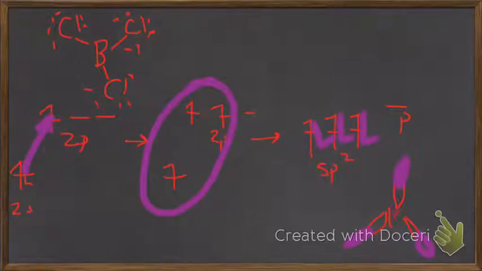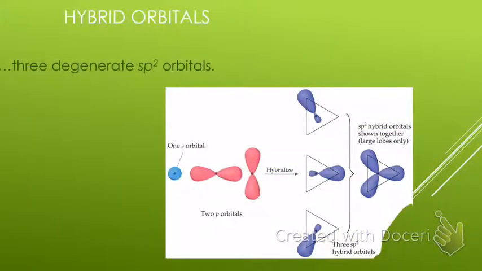So there's the boron in the middle, and we would have the chlorines on each end of the lobes there. And what that would look like, if they draw it, because they draw it much prettier than I would, is these 3 sp2 hybridized orbitals. Okay, and they only show the large lobes there.